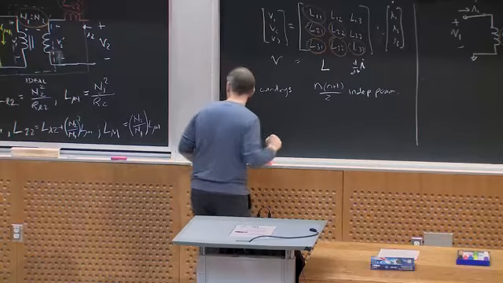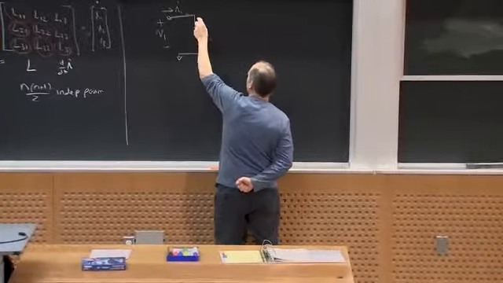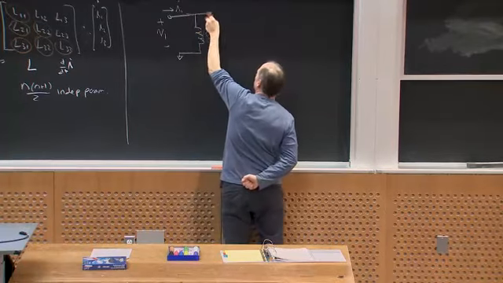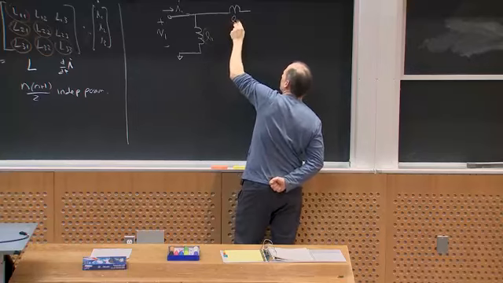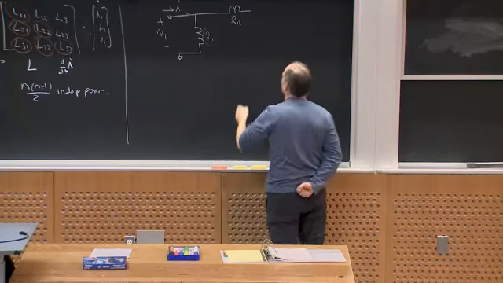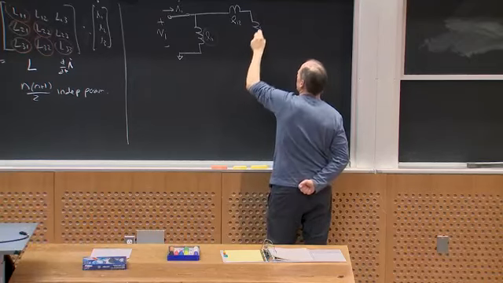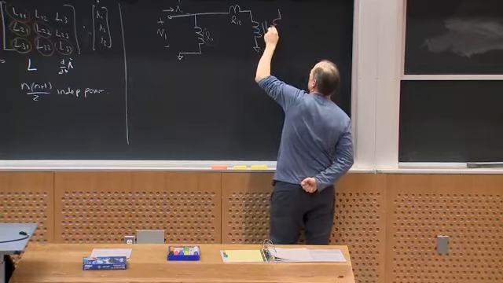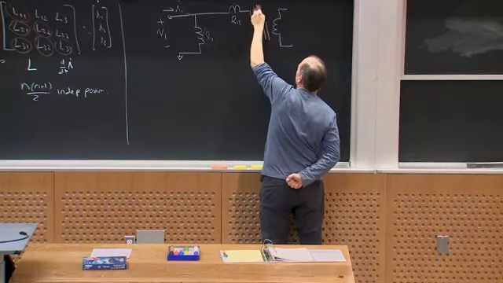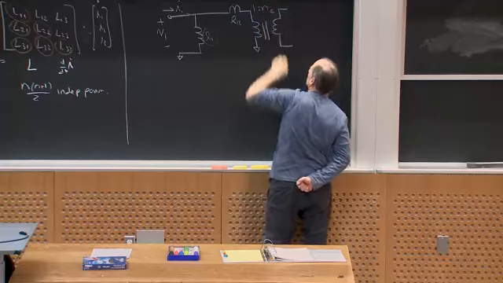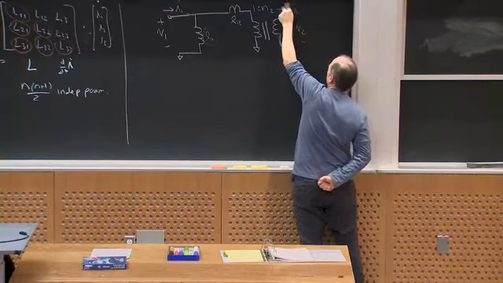So maybe I would add one more inductance. I'll call this L12. And then I'm going to add an ideal transformer and give it a transformation ratio 1 to N2. And then I'll call this V2 and I2.